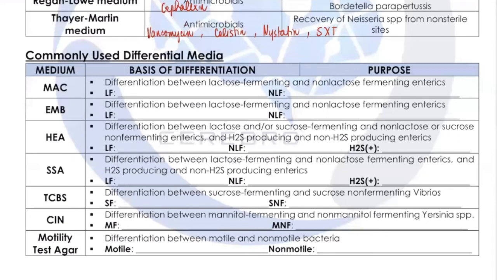Lactose fermenters will exhibit pink or red colonies, whereas non-lactose fermenters will have translucent colonies. Usually non-fermenters exhibit translucent colonies, and that's true across all of these agars.